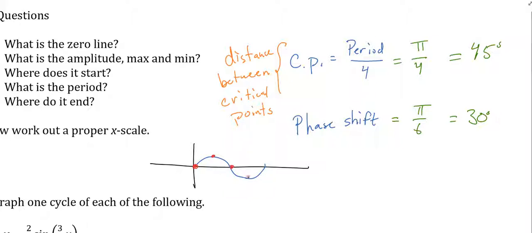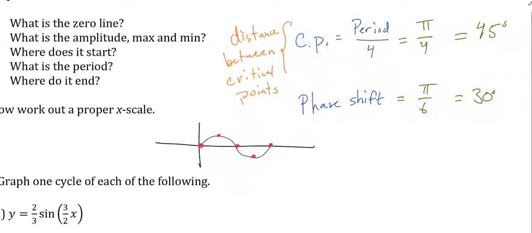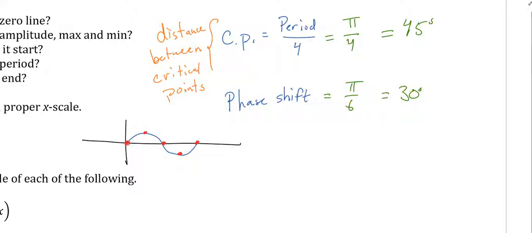Those are the 5 critical points that must be where grid lines meet for full marks. Okay? So if this is shifted, this one's got to shift. So my first point will be at 30 degrees, pi by 6. It won't be at 0. That point will be shifted. And then my next point will be 45 degrees from there.